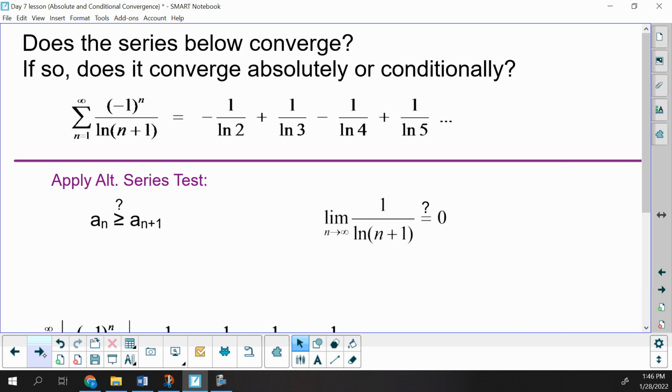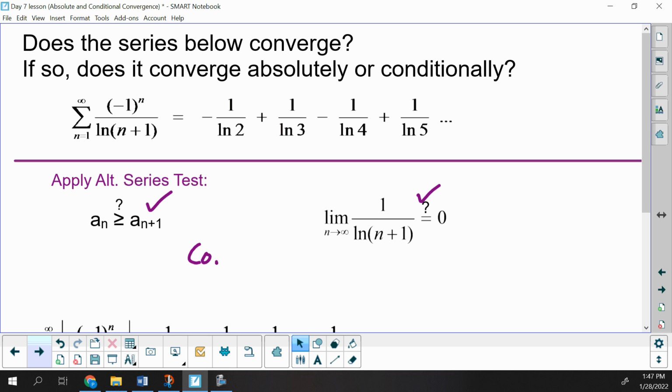All right, same directions. Let's see if this one is absolutely convergent, conditionally convergent, or could be divergent as well. Well, if we look at our individual terms, numerator staying the same, denominator is becoming larger, so it does appear that each successive term is becoming smaller. If we take our an's as n goes to infinity, that denominator is getting bigger, top is staying as 1, so that will approach 0.